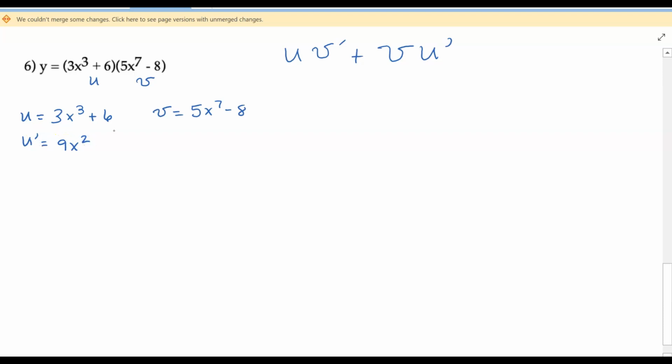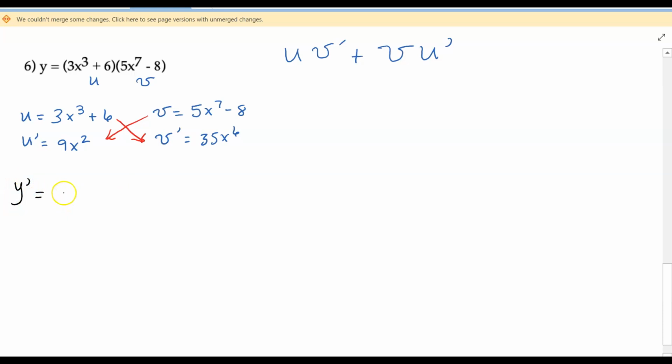The derivative of 6 is 0, we don't need to write that. And v prime is 7 times 5, 35x to the 6th. The derivative of the negative 8 is 0, so nothing to it there. Now we're going to do that crisscross, uv prime plus vu prime. Then let's see what we get for y prime.